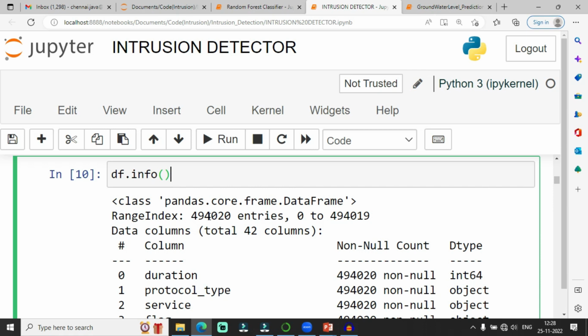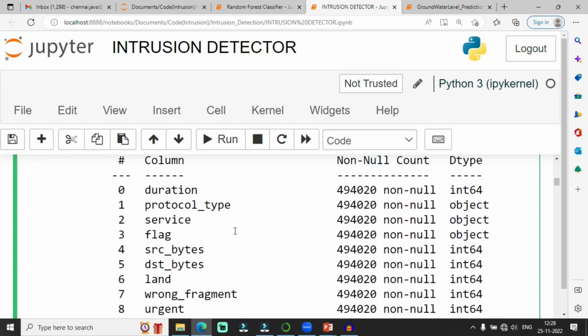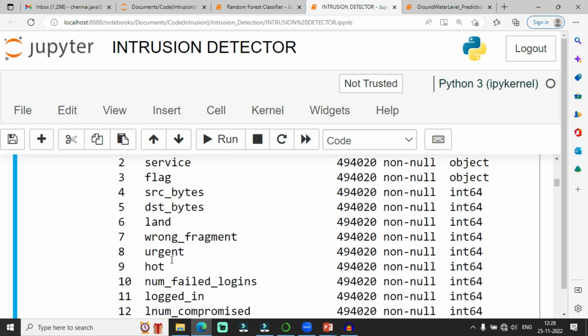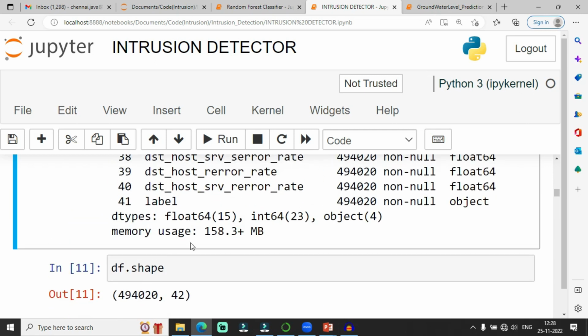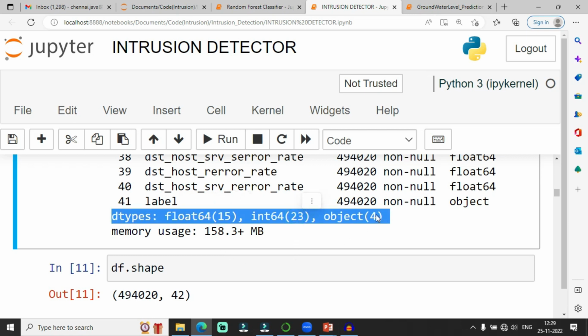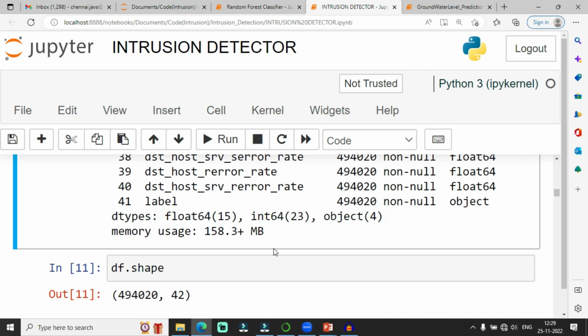It contains 49,020 entries. The data columns present include duration, protocol type, service, flag, logged in. Totally it contains 15 floating point types, 23 integer data types and 4 object types. Total memory usage is 158.3 plus megabytes.